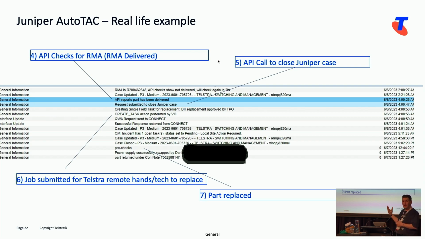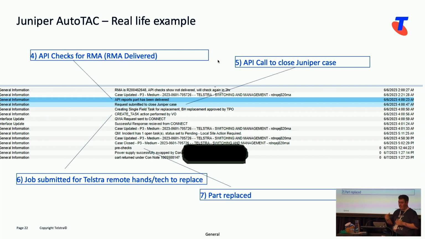On step 4 here, it's detected that the RMA exists and the part has been delivered. So then we trigger the flow to automatically close the Juniper case. And then we arrange the job for a remote hands or Telstra technician to go out, grab that part and then replace it. In step 7, we have our technician call into our NOC to say, I have the part, I'm in front of the device, I'm ready to go.